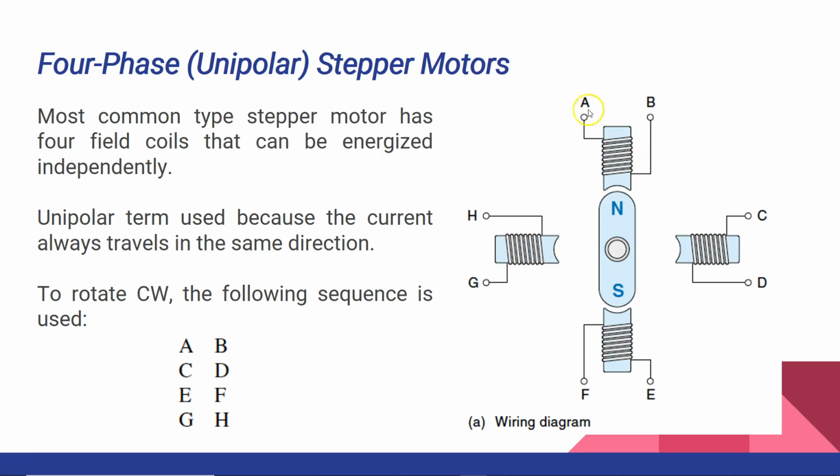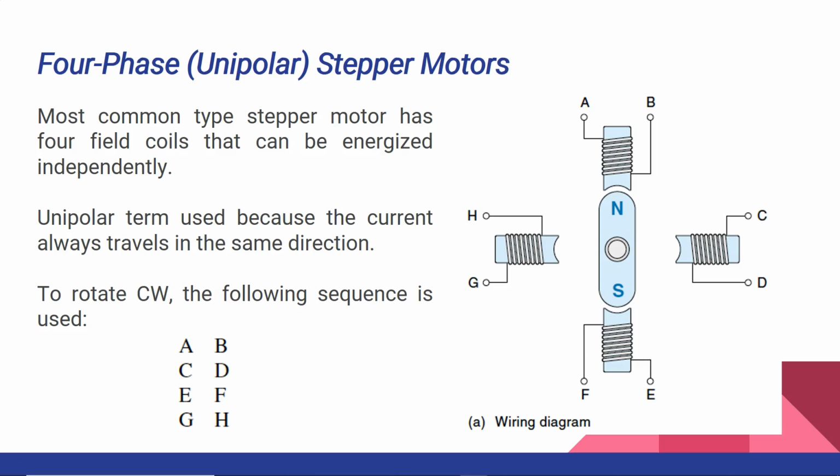The direction of the current in these stator field poles is in the same direction, and that's why its name is unipolar, because the current will be in the same direction. So in this type of stepper motor, the control circuit is very simple, because the poles can just turn on and off in sequence. It does not have to reverse the polarity of the field coil.